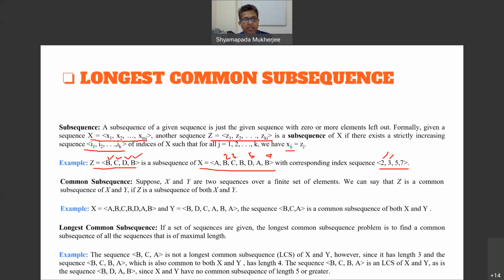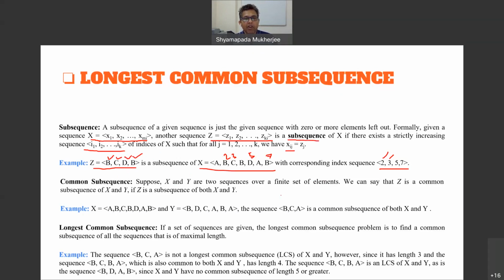So you can see 2, 3, 5 and 7 are increasing indices of the elements present in X, which match the elements of Z in order. So you can say that Z is a subsequence, not a sequence, of X.